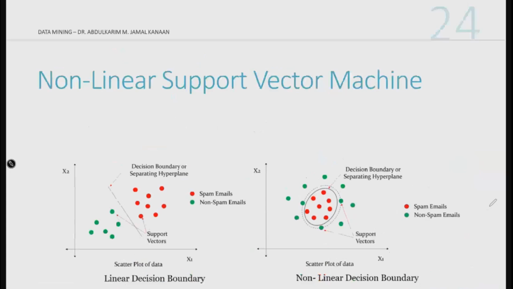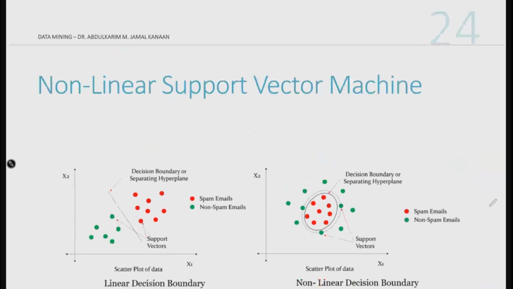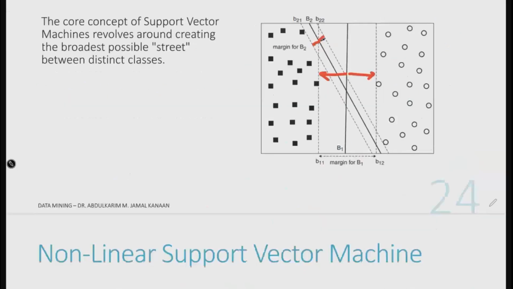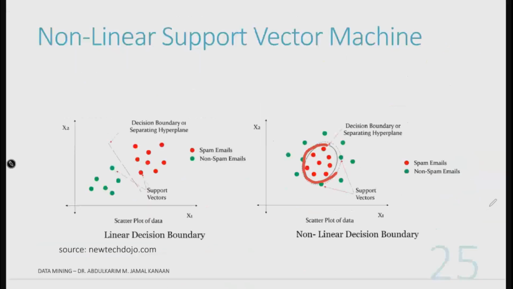Support vector machine, when we talk about classification, can be linear or nonlinear. With linear classification, you're looking for a straight decision boundary, correct? While if you have a nonlinear case, your decision boundary can be nonlinear, like the case here. Support vector machine can work on both: it can help you find a linear decision boundary and also a non-linear decision boundary.